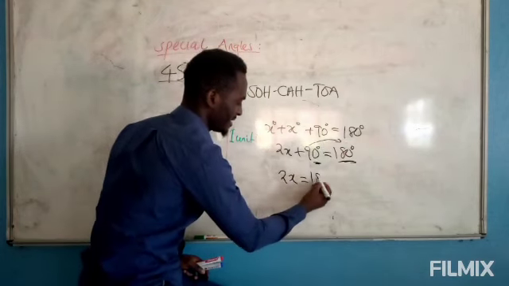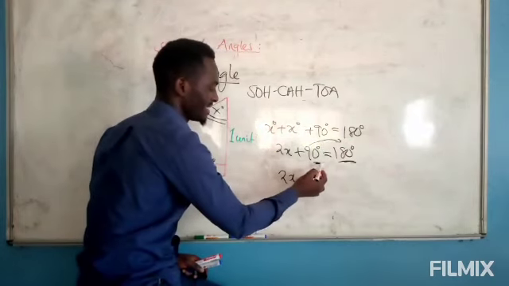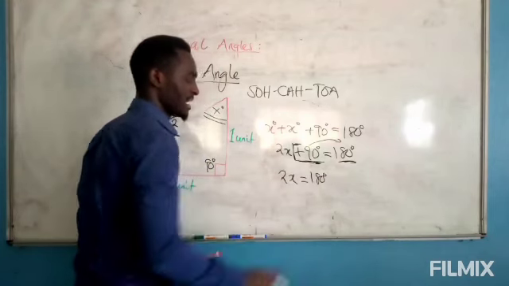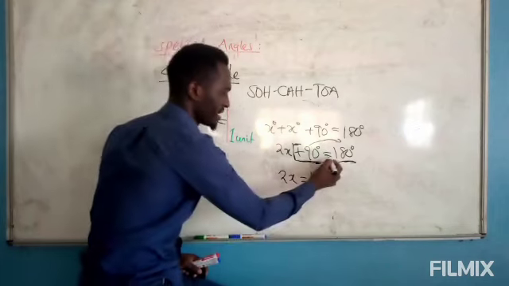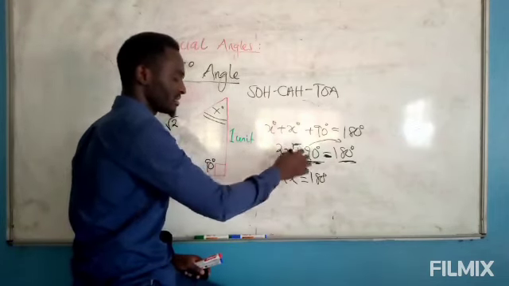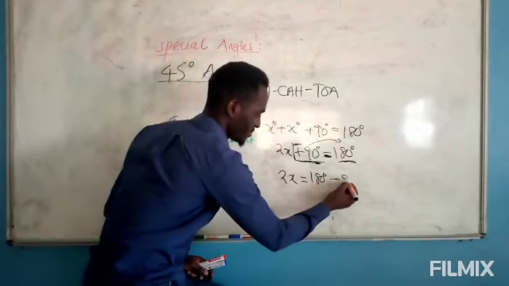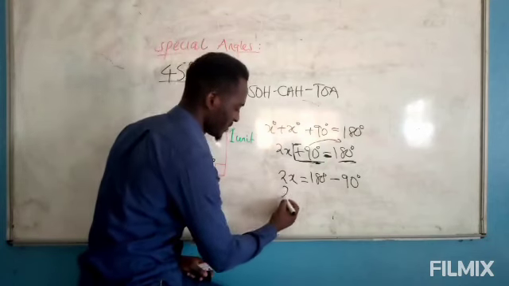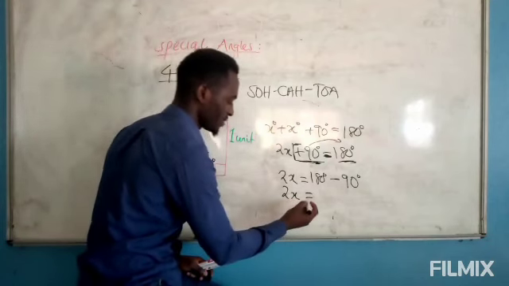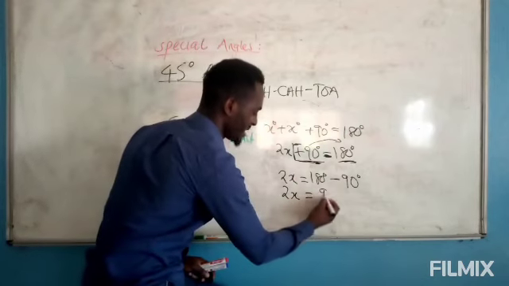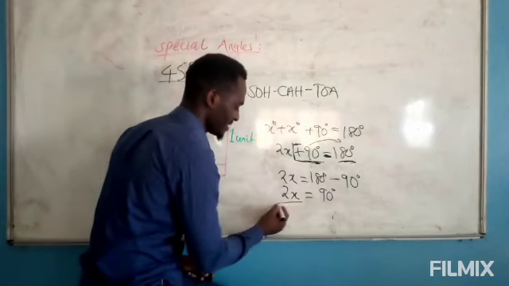We can see that the 90 is carrying a positive sign, so when it crosses to the other side of the equal sign, the sign will be converted to a negative, so it will be negative 90 degrees. Hence, I'll say 2x is equal to 180 minus 90, which is going to give me 90 degrees. Then I can divide by 2.